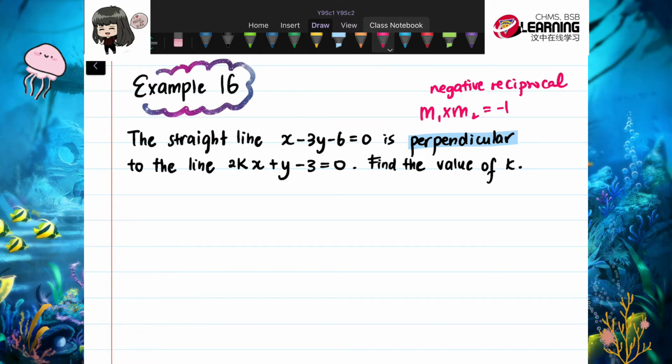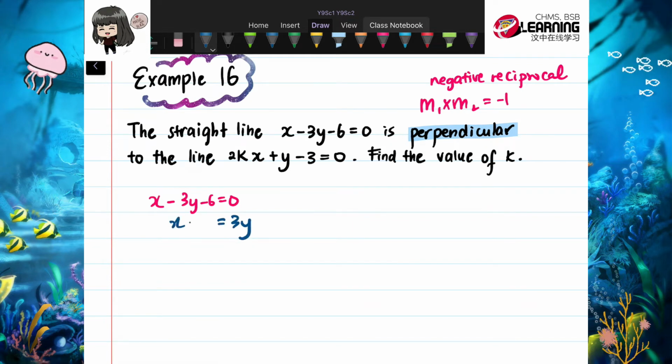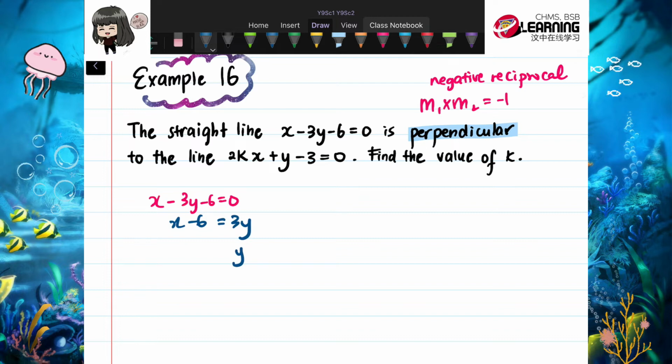Let's look at the first line: x minus 3y minus 6 equals 0. Here I make y the subject. So it's 1 over 3 x minus 6 over 3.